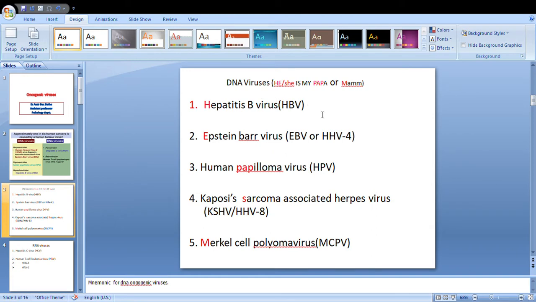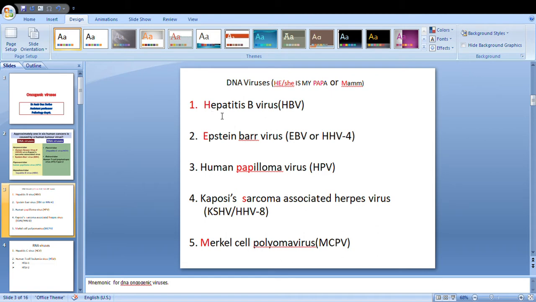The mnemonic for remembering the DNA oncogenic viruses is "He or she is my papa or mama." So you have to remember these DNA viruses causing tumors by this mnemonic.